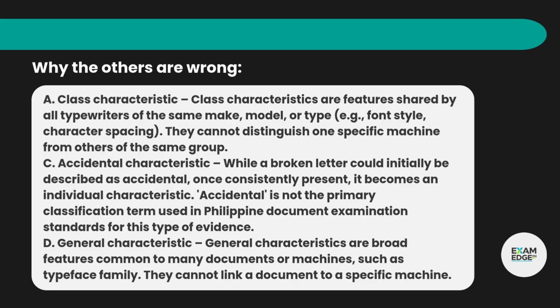While a broken letter could initially be described as accidental, once consistently present, it becomes an individual characteristic. Accidental is not the primary classification term used in Philippine document examination standards for this type of evidence. D. General characteristic. General characteristics are broad features common to many documents or machines, such as typeface family. They cannot link a document to a specific machine.